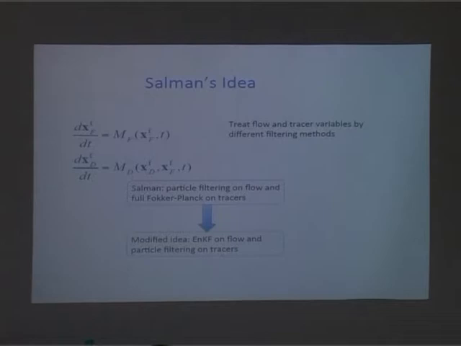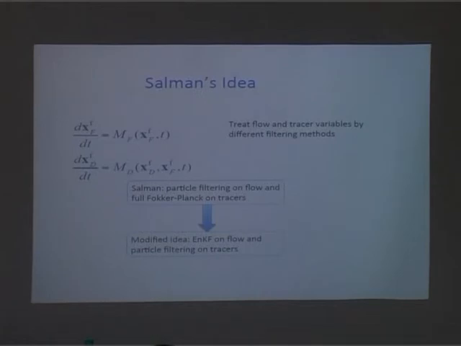He was extremely optimistic in what he thought he could do. So his idea was that you would do particle filtering on the flow variables and solve the full Fokker-Planck equation for the tracers.